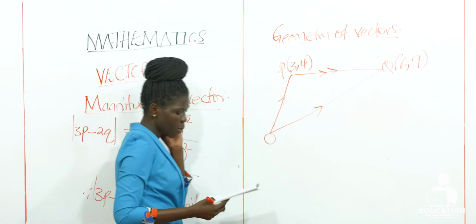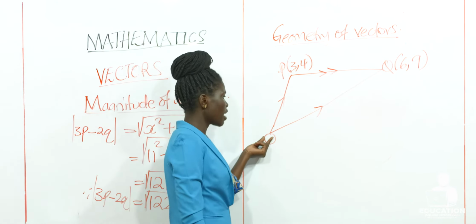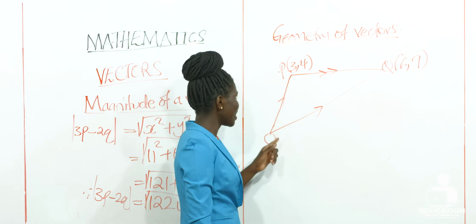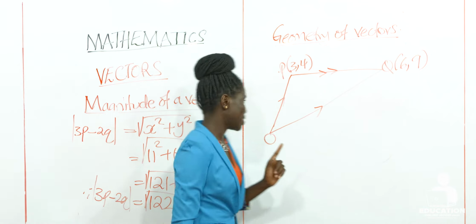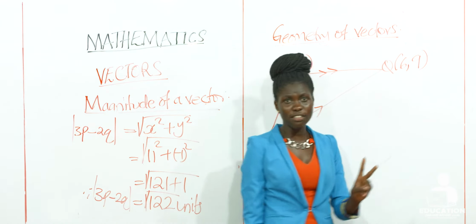From the above diagram, we can see the displacement of PO. This is the origin. You started moving from O to P, but you can either move from O to P, then P to Q. Those are movements. Or you can move directly from O to Q. So the movement is in two ways.